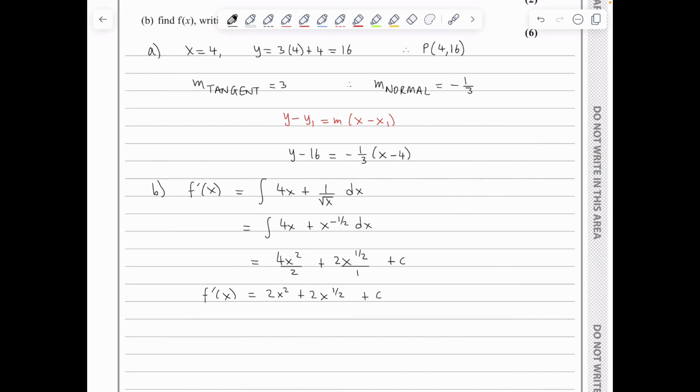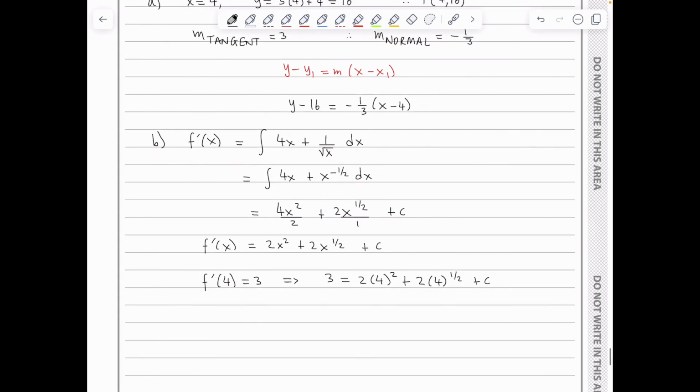We know that the gradient of the curve when x is 4 is 3. This is coming from the point P. So f dash of 4 is equal to 3, which means that 3 is 2 times 4 squared plus 2 times 4 to the half plus c, which leads to 3 is 32 plus 4 plus c.